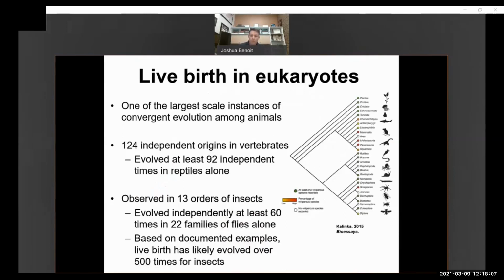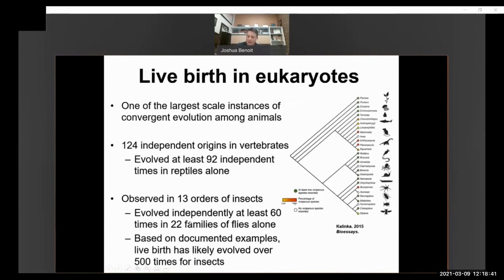A big part of my research over the past few years has been looking at live birth in insect systems. I'll talk a little bit about my work in Glossina and some of my recent work in Diploptera, a cockroach. There have been a lot of independent origins of viviparity in vertebrate systems, but when you move into invertebrate systems, it has potentially evolved at least 400 to 600 times.